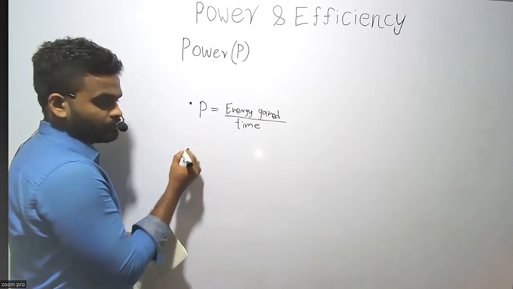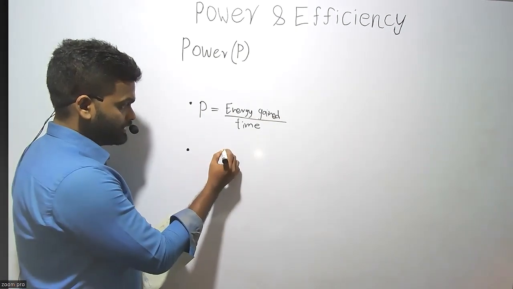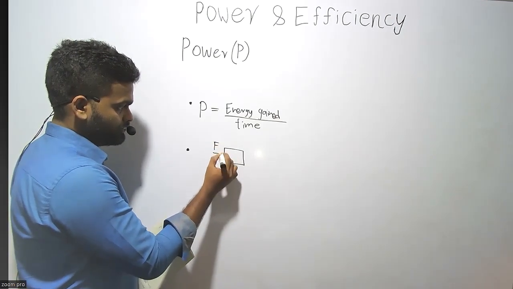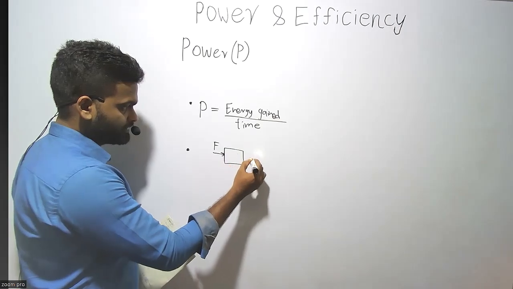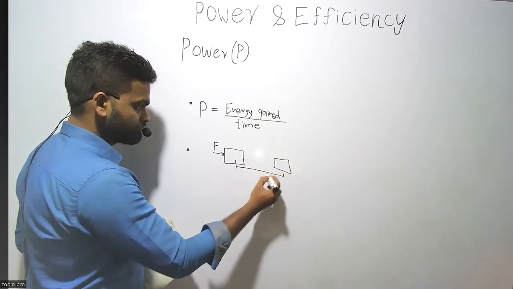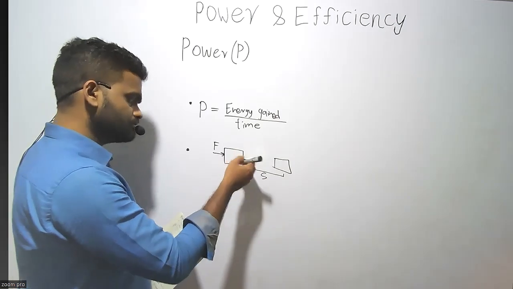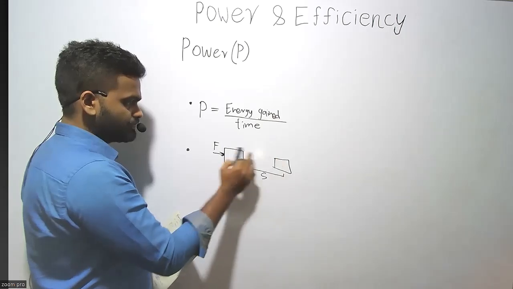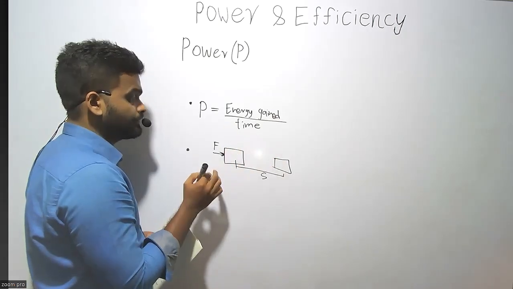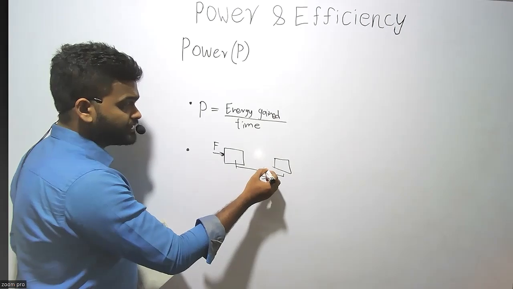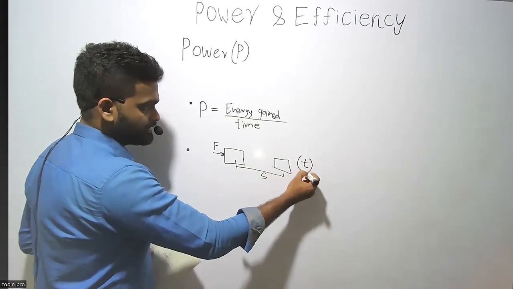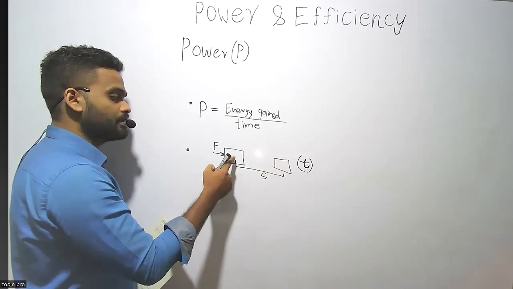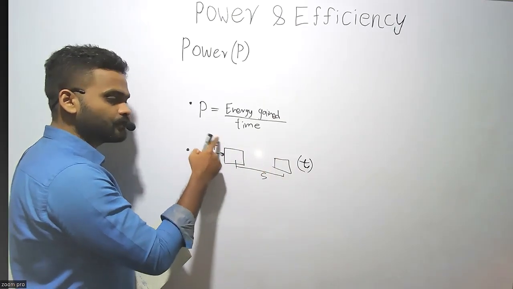Then we have one more form. Let's say you make a force on this object and it moves a distance s to here. There can be other forces on this object. Due to this force, the object moves from here to here. There can be other forces also, right? If this happens within a time period t, then you can find the power of this force.